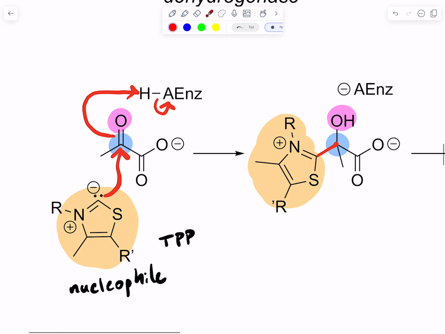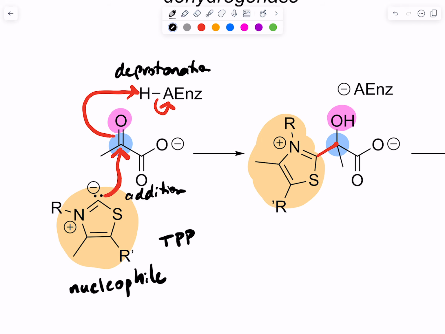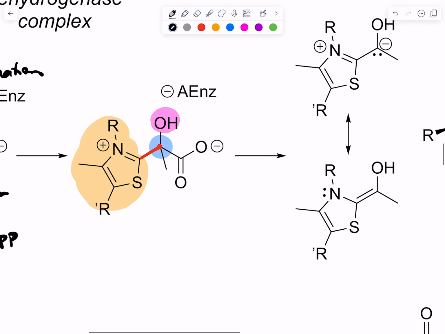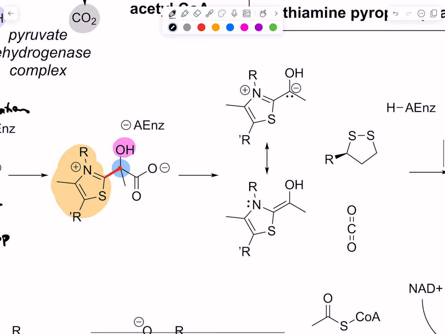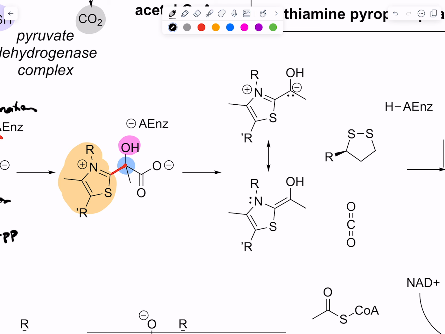What kind of step was that? This arrow represents addition, and these up here represent deprotonation. Good. All right. Now, if we look over here, it looks like we've lost CO2.